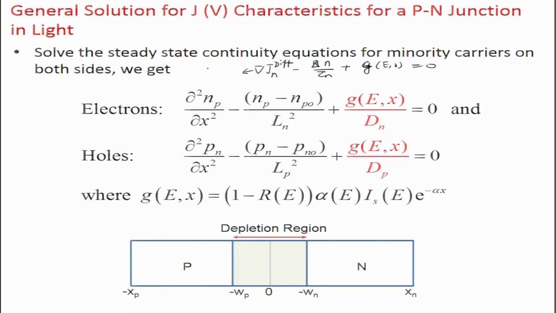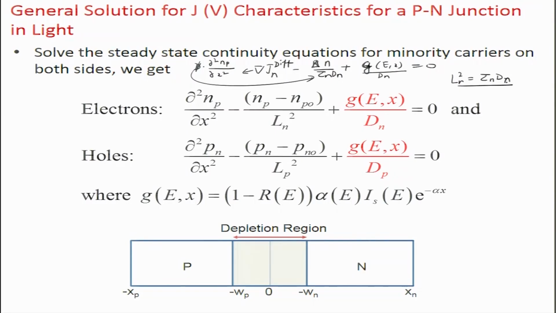This was D del 2 Np divided by del x2, so we have brought D here. If you remove D from here, it becomes Dn, and Ln square is equal to tau n Dn.